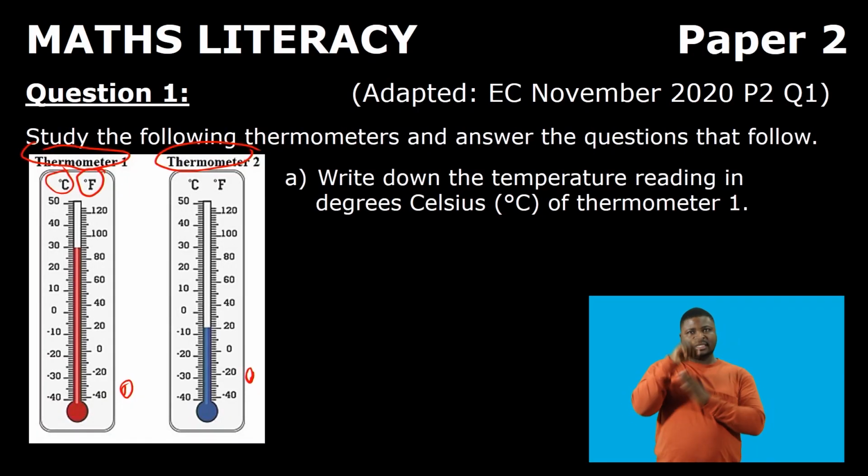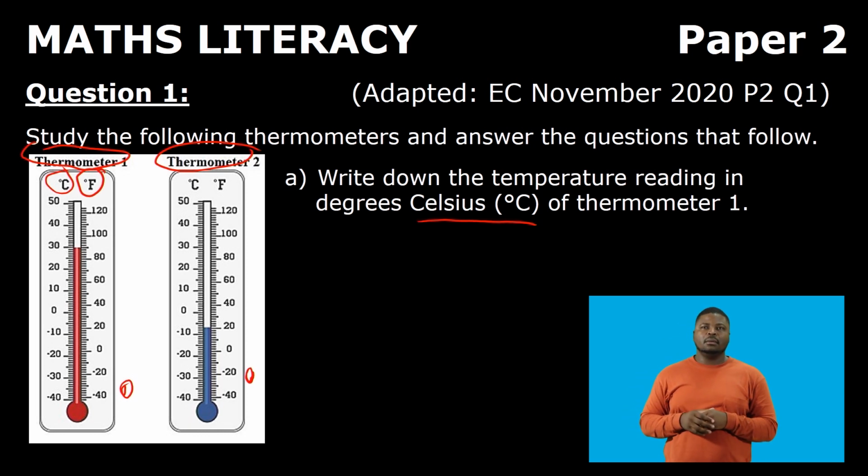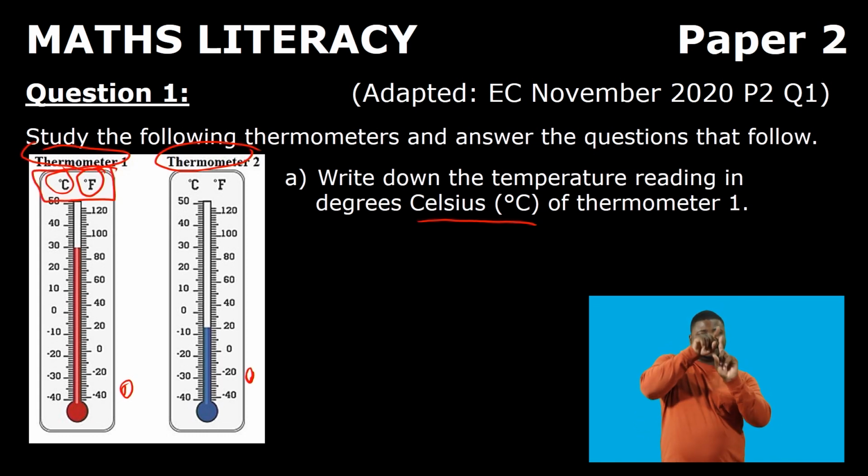Write down the temperature reading in degrees Celsius of thermometer number 1. Remember, guys, now there are 2 different units for temperature given. You need to choose the correct one.